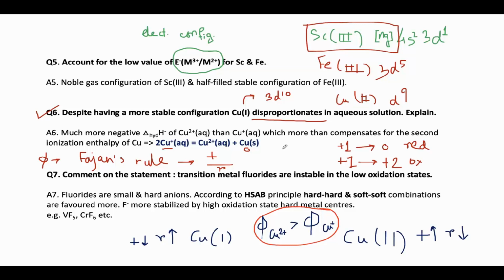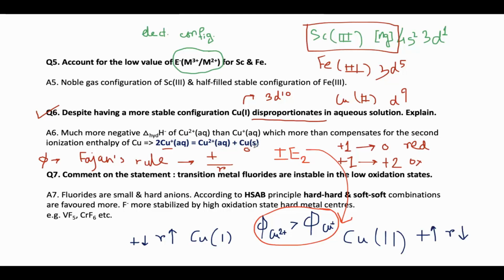That requires the second ionization energy, that is IE2. This IE2 value is overcome by the hydration enthalpy of Cu2+. That's why, despite having a less stable electronic configuration, Cu2+ is stable. That's why the reaction goes from the left-hand side to the right-hand side.